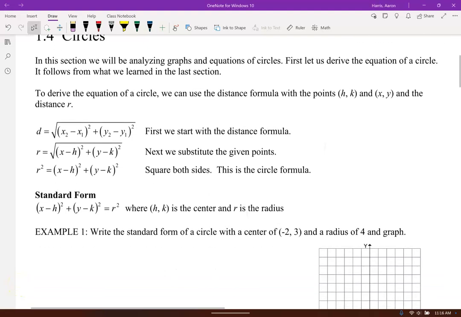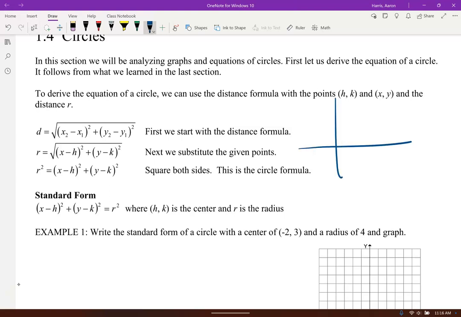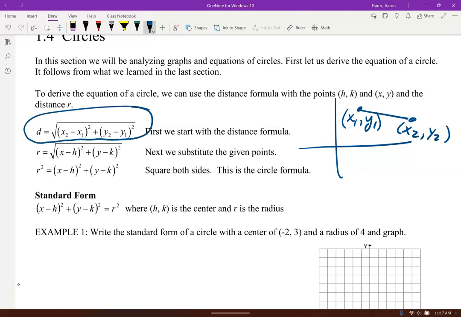So circles. To first derive the equation for a circle, if you remember when you're finding the distance between 2 points, x1, y1, x2, y2, we use this distance formula, right?